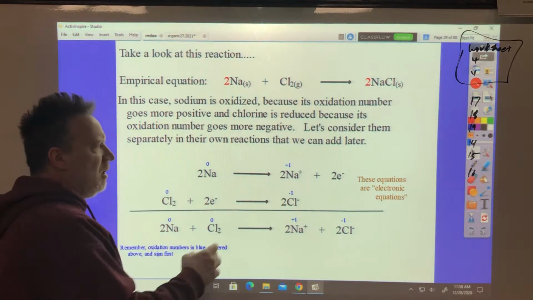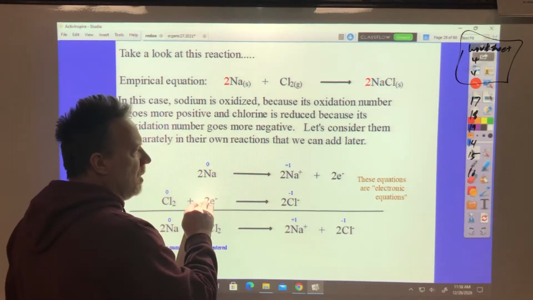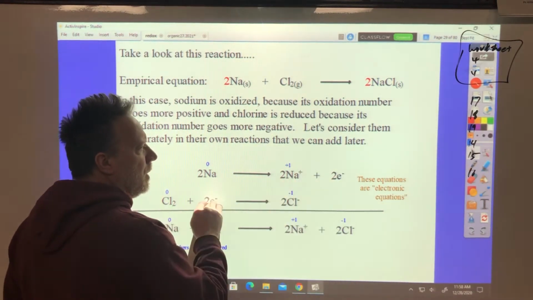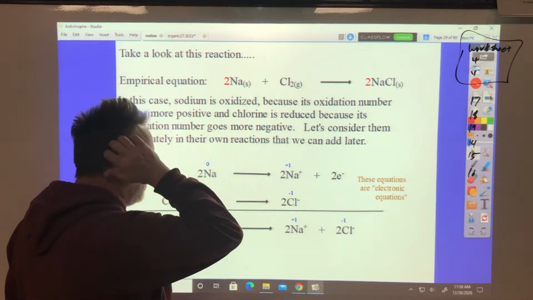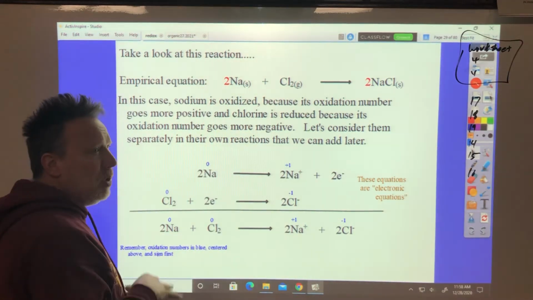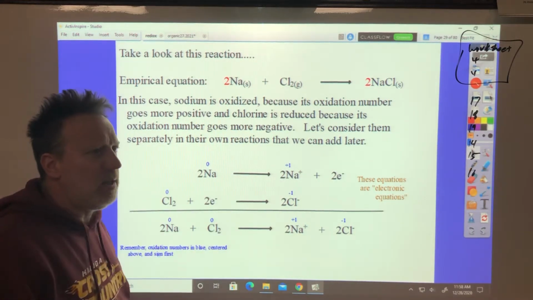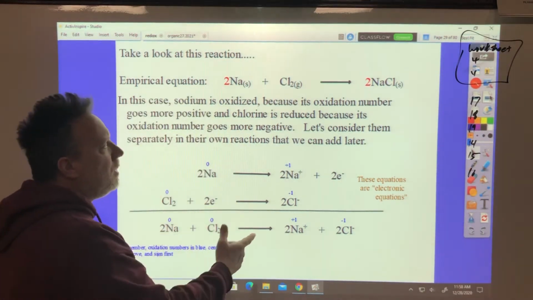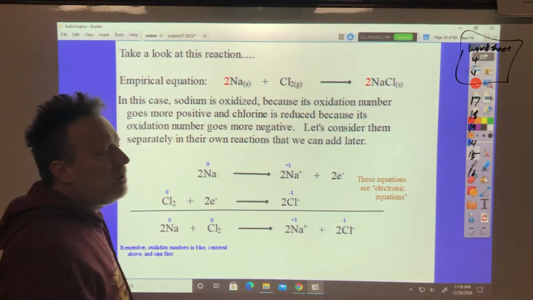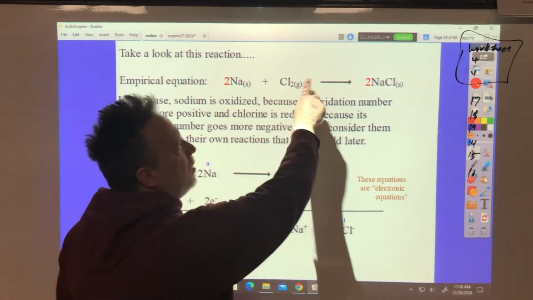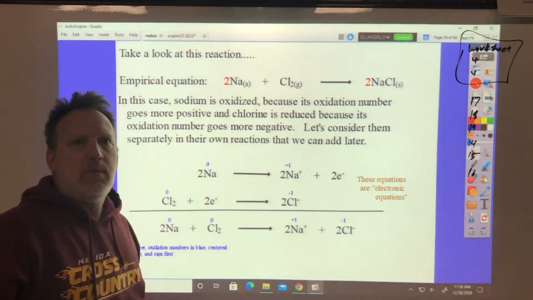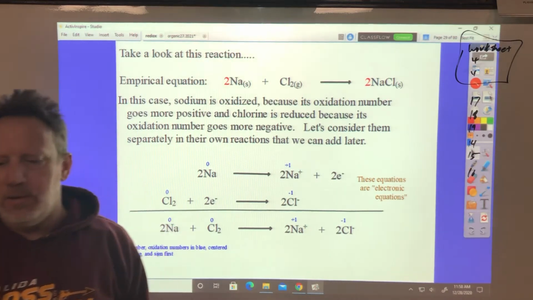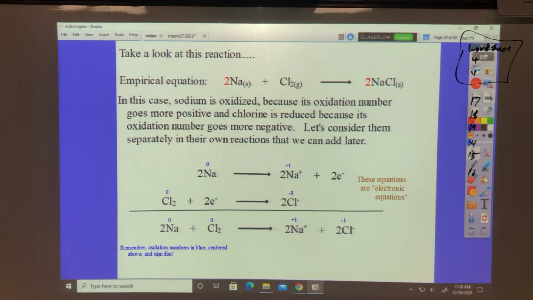Now you have to get 2 electrons to cancel 2 electrons, and there's a whole multi-step process to balancing these. This particular one is a synthesis reaction. You can balance that without knowing how to balance redox reactions, but you can't do that all the time.